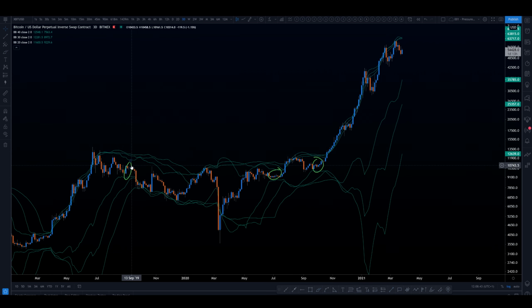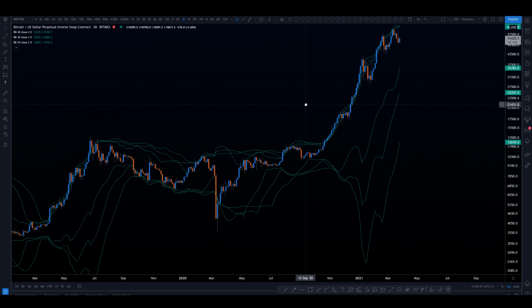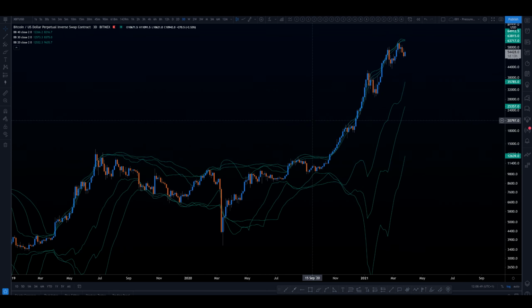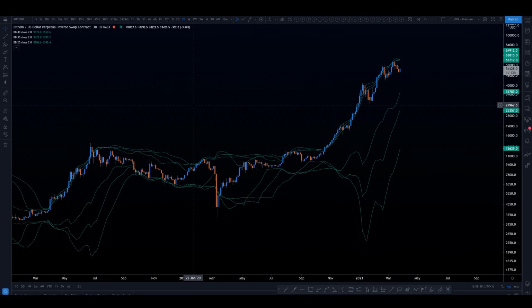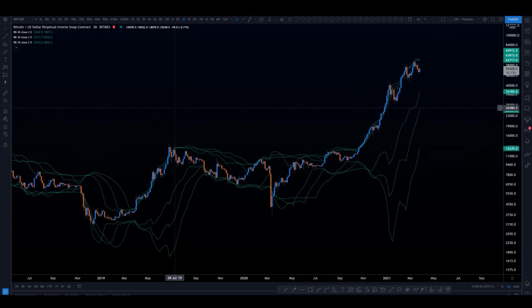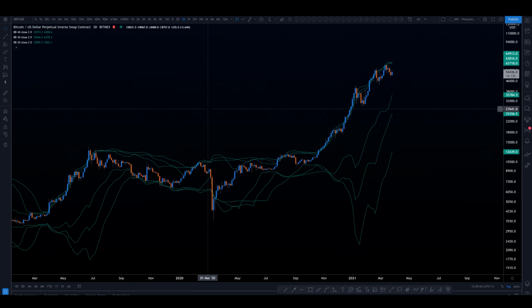You know that we're in a phase where we can expect major volatility, big moves coming up soon. So this is the first key takeaway of this session, how to know when we can expect major moves or rallies in the near future.